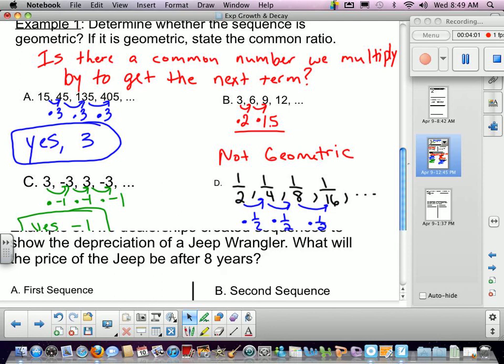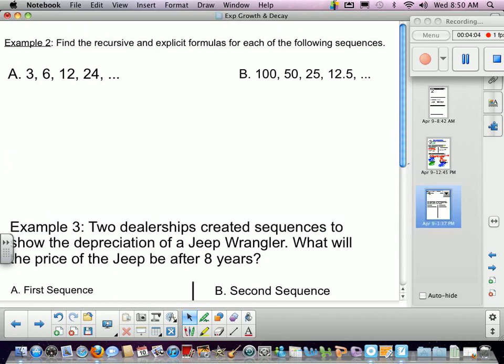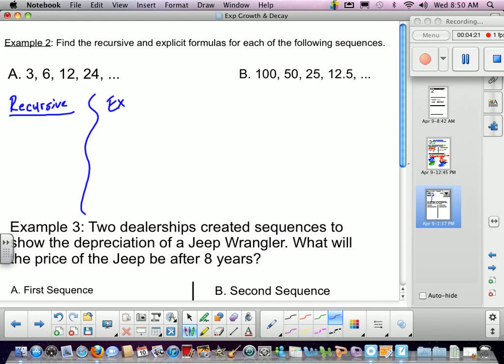Looking at example 2, they want you to find the recursive and explicit formulas for each of the following sequences. We're going to start out by doing the recursive here, and then we'll do the explicit over here. The first thing I want to do is make sure that it's geometric, so I'm going to find the common ratio.